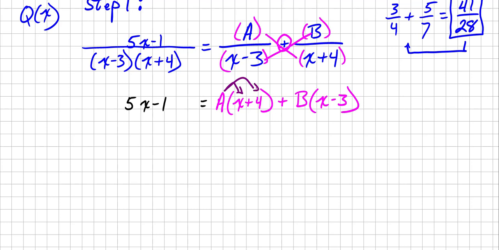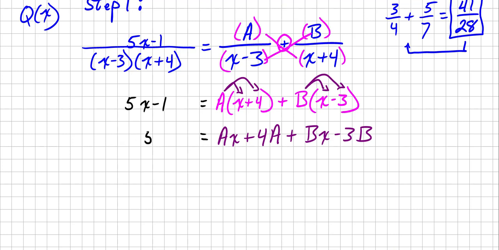Multiply out A times (x + 4) and B times (x - 3), and we end up with Ax + 4A + Bx - 3B, remembering that it's still equal to 5x - 1. Now I have a linear variable term and a constant term.